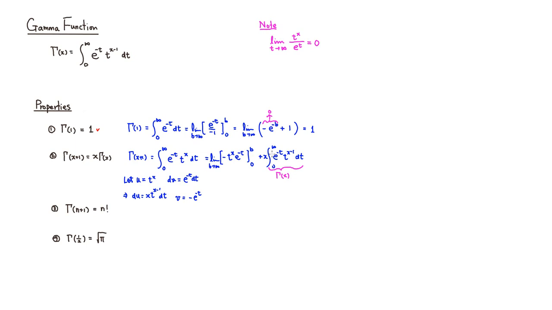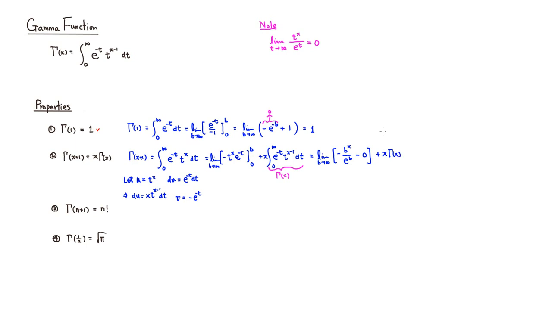Then here's the limit we need to compute: the limit as b approaches infinity. Plugging in b, you get negative b to the x over e to the b on the bottom, and then plugging in 0, it's 0, so it's minus 0. Then we have x times gamma of x.